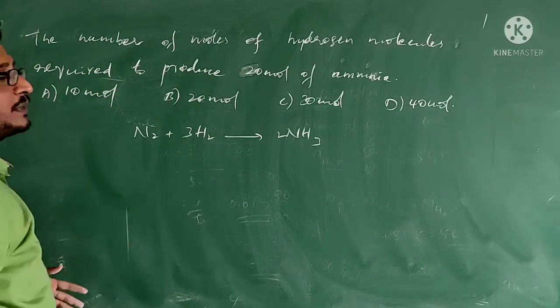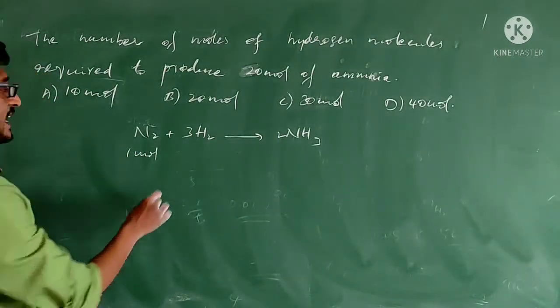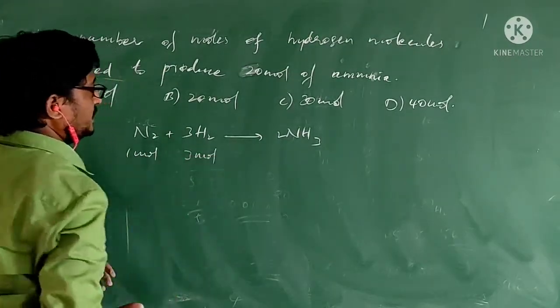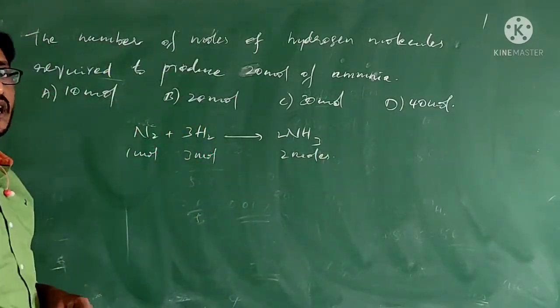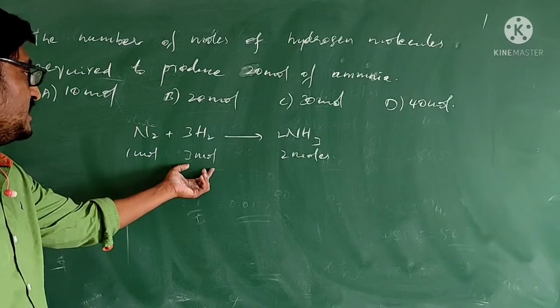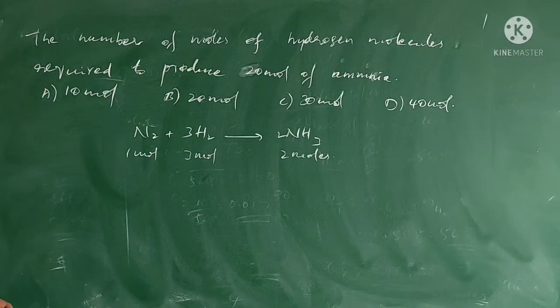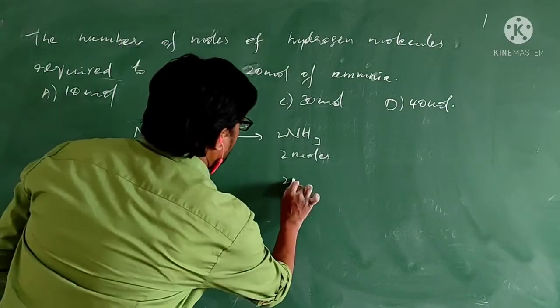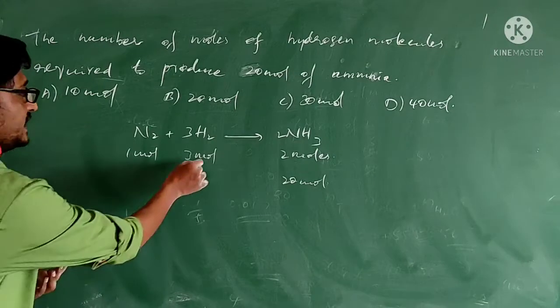So from the balanced chemical equation, we can understand that 1 mole of nitrogen reacts with 3 moles of hydrogen to produce 2 moles of ammonia. From this we can understand every 3 moles of hydrogen will produce 2 moles of ammonia. Then to produce 20 moles of ammonia, okay, how many moles of hydrogen is required?